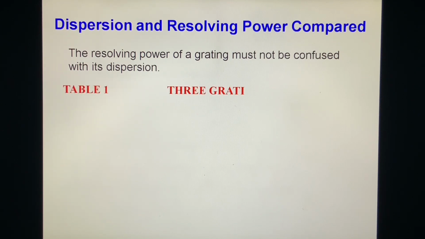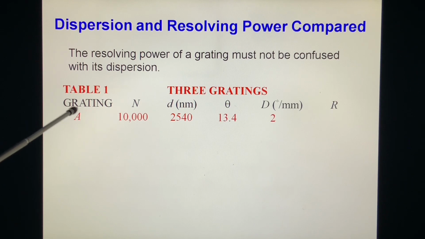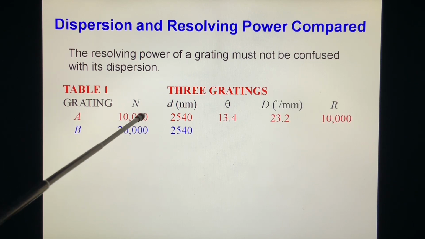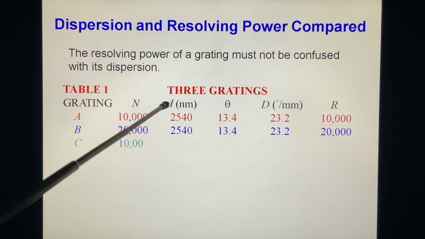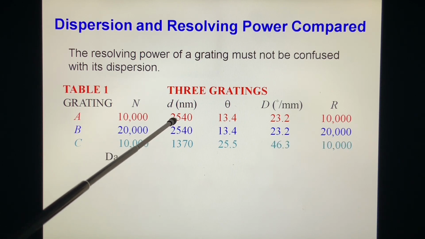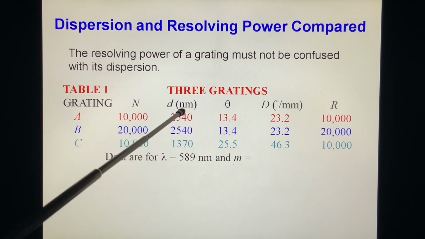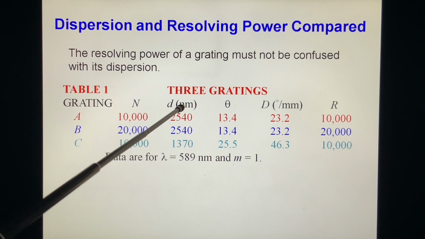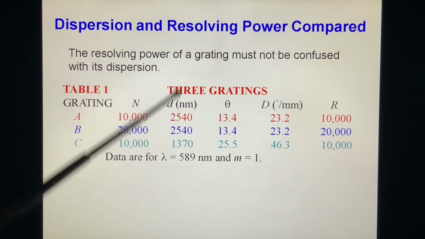We look at three gratings. Grating A has N equal to 10,000 and separation d equal to 2,540 nanometers. A nanometer is 10 to the minus 9 meters, so this is about 2 to 3 times 10 to the minus 6 meters.